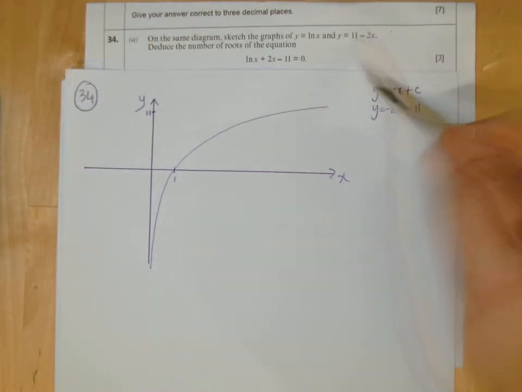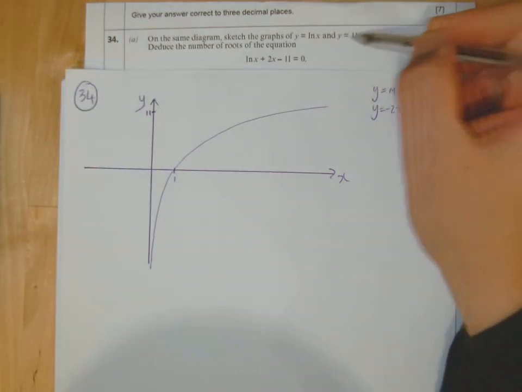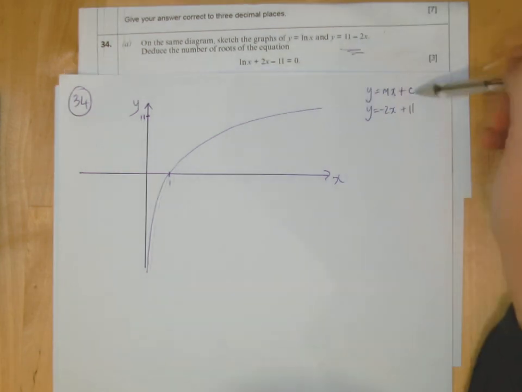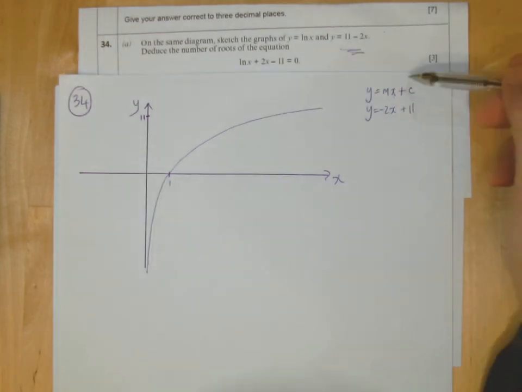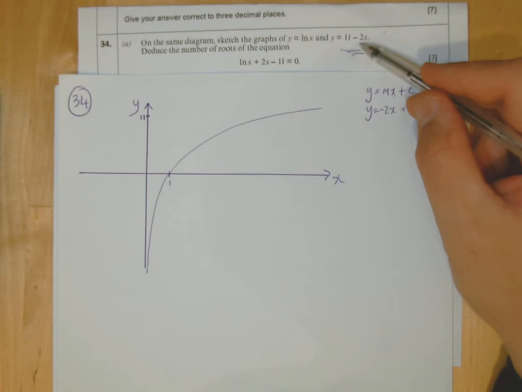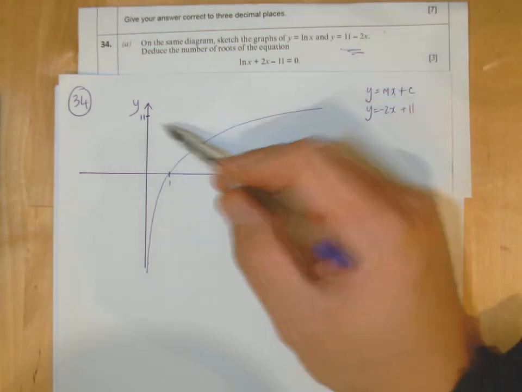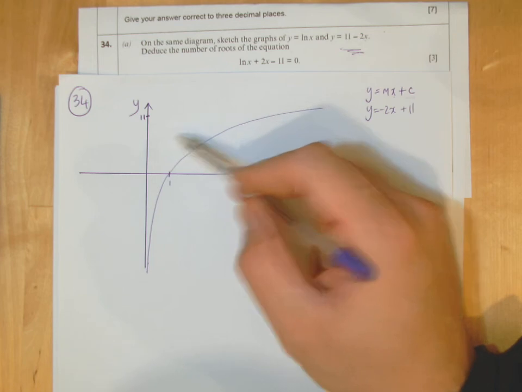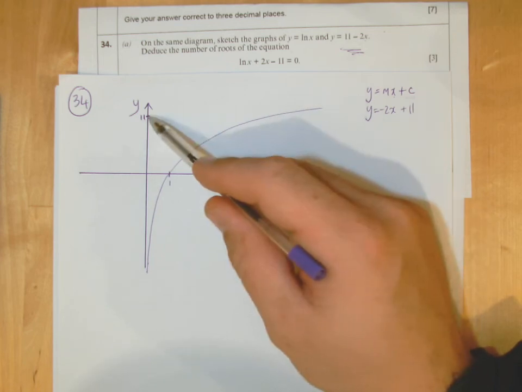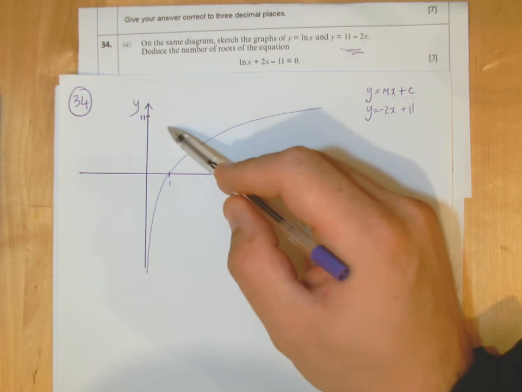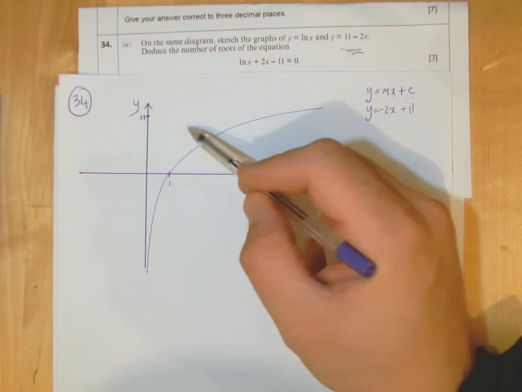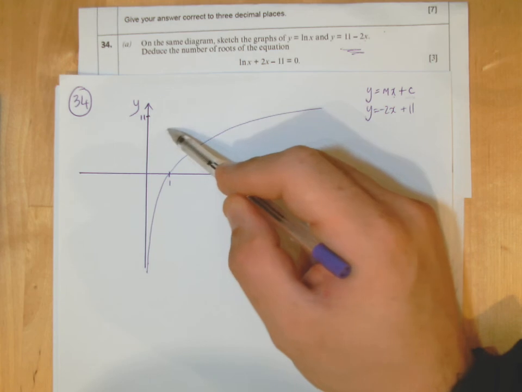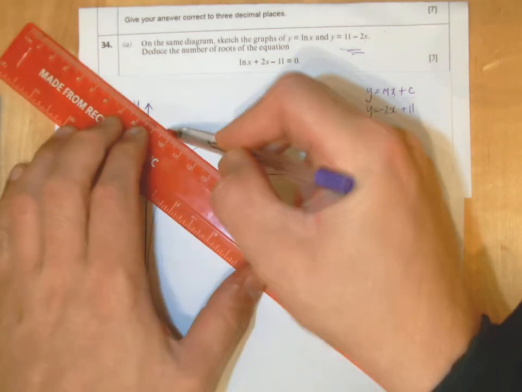This is a straight line, by the way, because there are no squares, cubes, or anything. They're always straight lines. The gradient's minus 2. So what that means is, for every one you go across, you go down 2. Now I know my scale isn't brilliant here, but it doesn't matter. For every one you go across, you're going down 2. It's a negative gradient, so you've got your straight line like that.